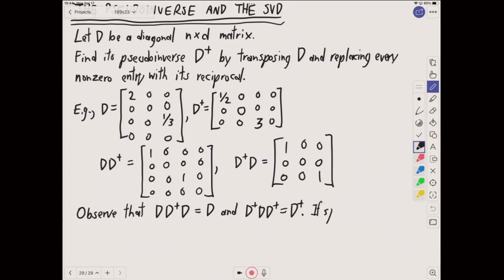And I'm also going to use the fact later that if D is square, you can do even more elaborate tricks like D squared times D plus is D. And this is just because the zeros and ones in D times D plus line up with the zeros and non-zeros in D and D plus.